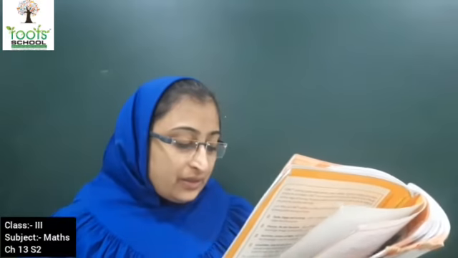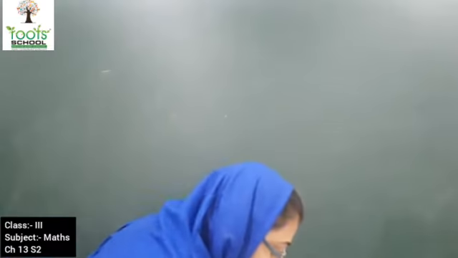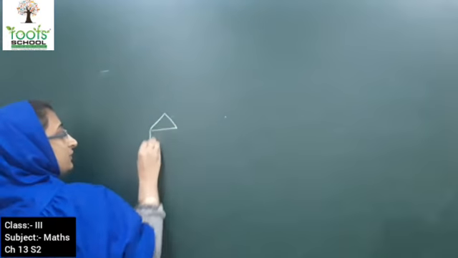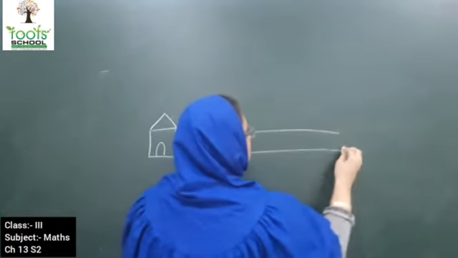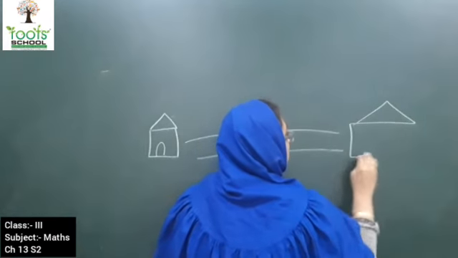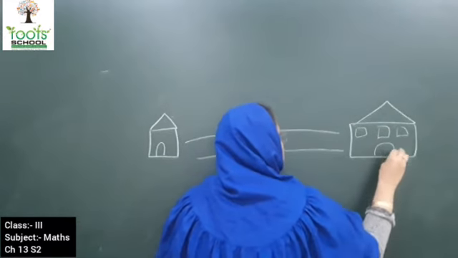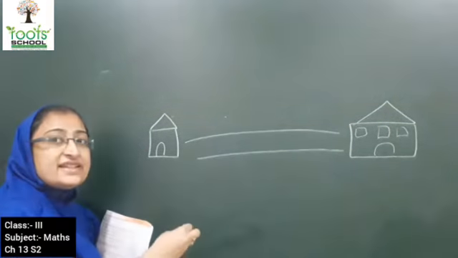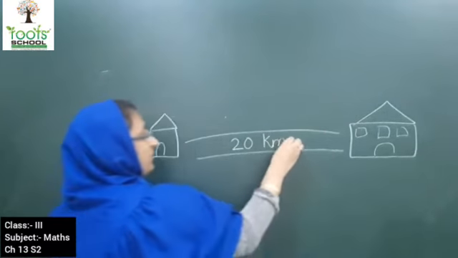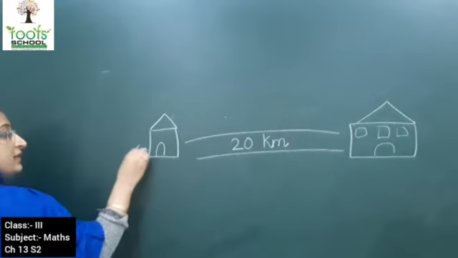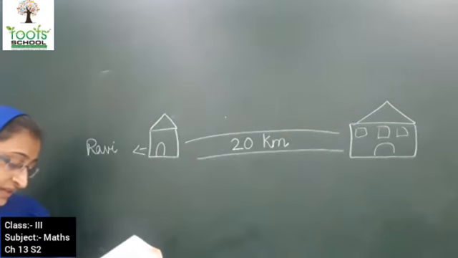Now the next one. Ravi's house is 20 kilometers away from the school. This is Ravi's house. Okay, and this is school. Okay, so what is the distance? It is 20 kilometer. Whose house is this? Ravi's house. Okay, and what is the second?